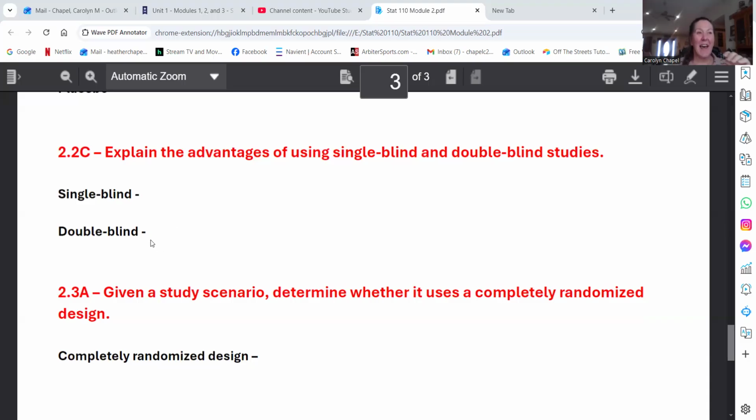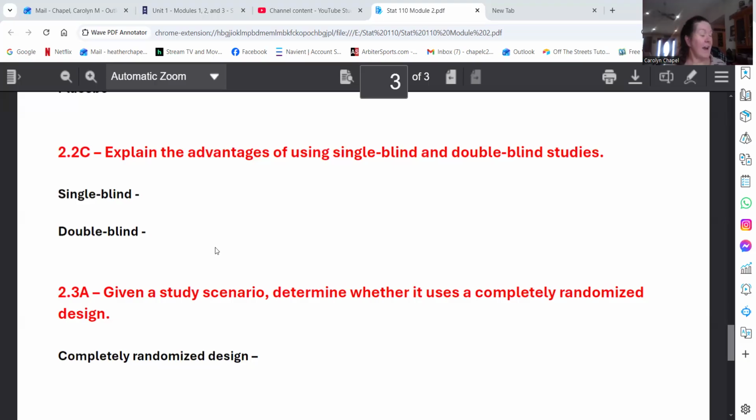The reason for that is because if a doctor starts to see benefits from one group versus another group, he might be swayed to talk about or disclose some of the results he's seeing to other people, which can cause effects within that study.